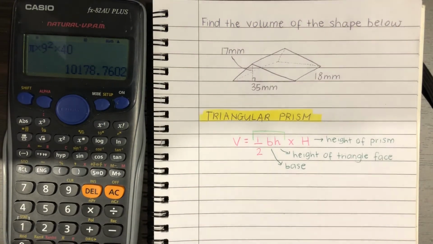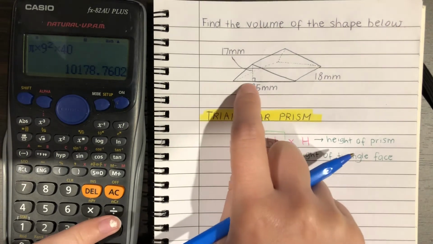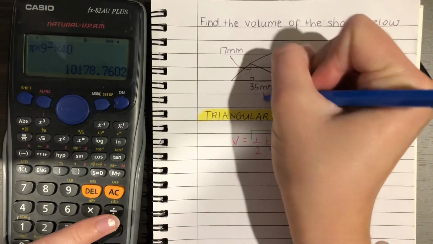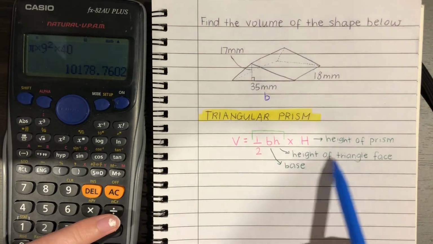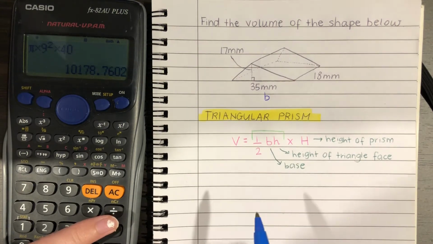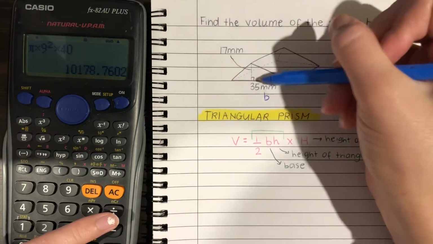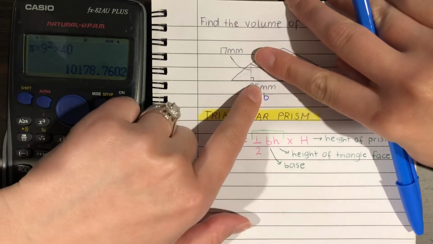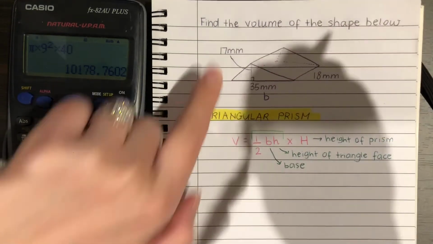So let's go ahead to our diagram and label everything. This is the base of our triangle, so 35 is our B. The height of our triangle face is lowercase h. Well, this is the height of the actual triangle itself, so this one here. So 17 is our little h.